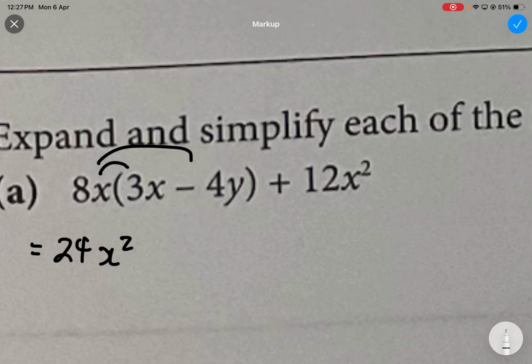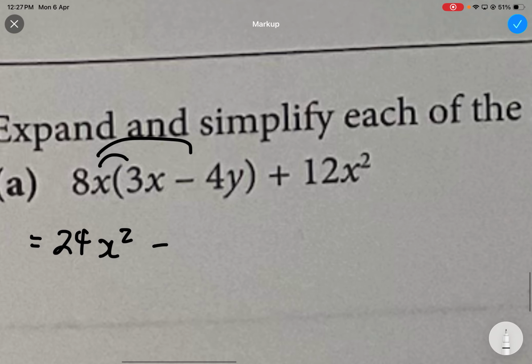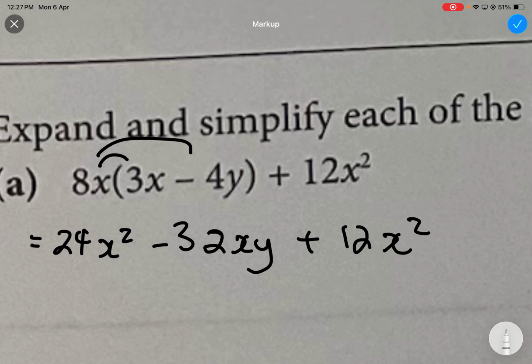Positive, negative, negative. 8 times 4, 32xy. So the first step, we only do this expansion. After that, we add whatever is behind, because expansion is multiplication. Multiplication comes before addition. After that, when we add them together, 24x squared plus 12x squared, 36x squared, minus 32xy.